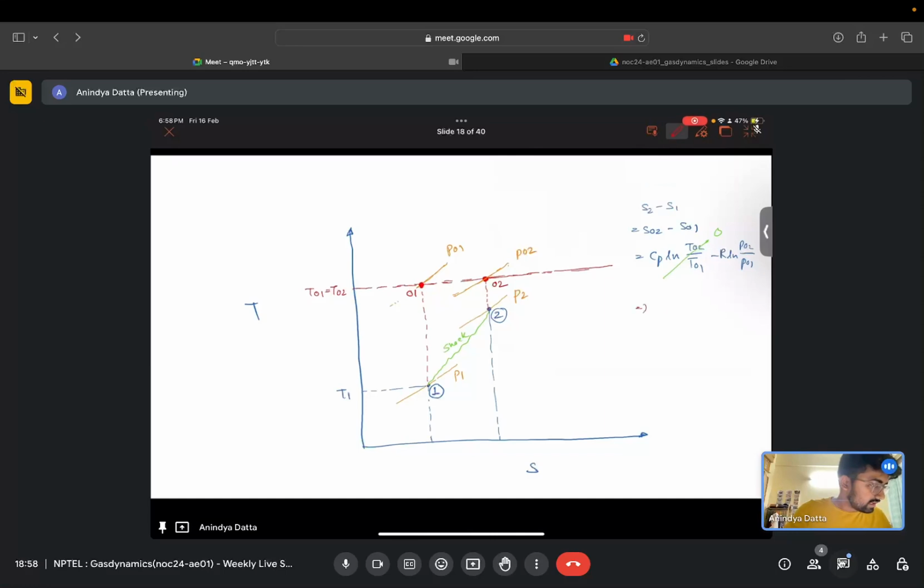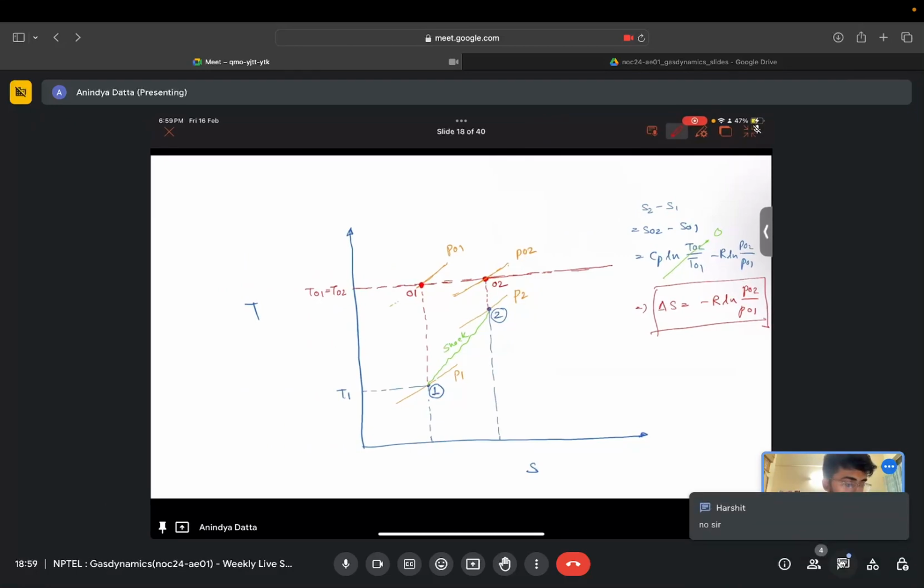So graphically we also showed that the change in entropy is equal to minus R ln(P02/P01). Okay, is this clear? Any questions? Okay, great, let's move on.